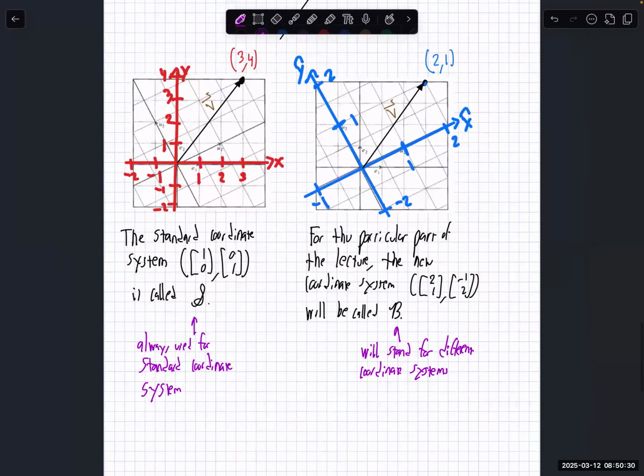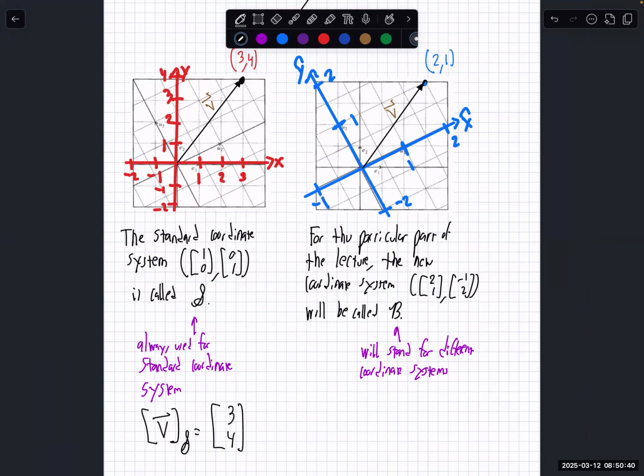Okay, so we write this fact. If I want to describe how to get from the origin to the endpoint of v relative to the standard coordinate system, it's over 3, up 4. 3 in the x, 4 in the y. And if I want to describe how to get to that same vector relative to the new coordinate system, it's over 2, up 1.